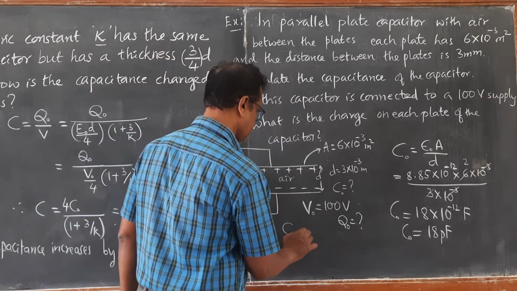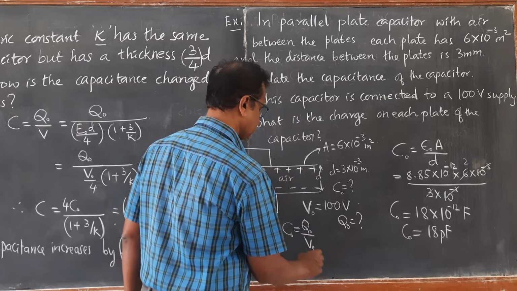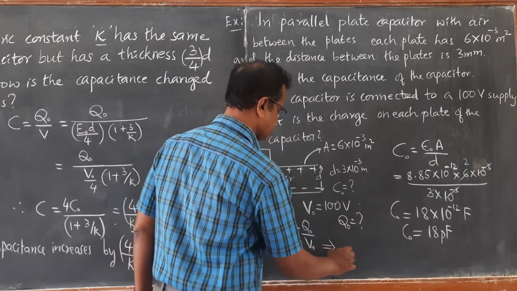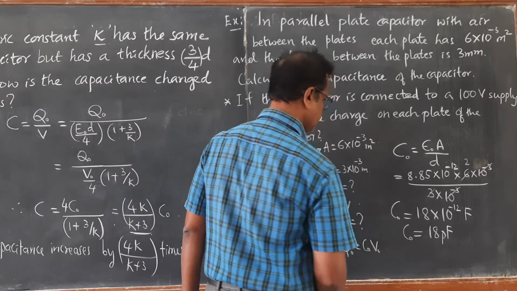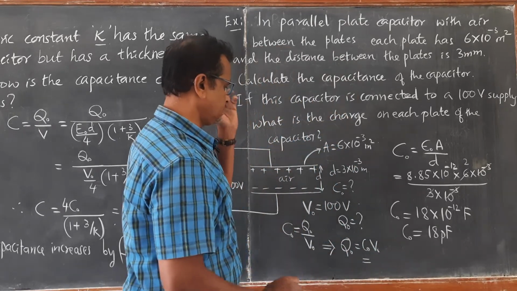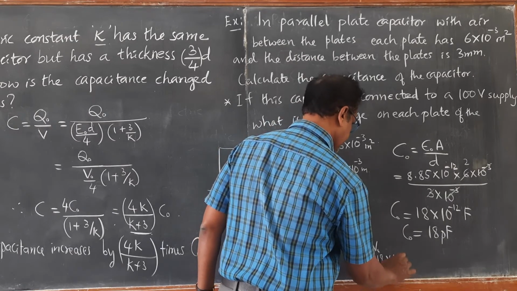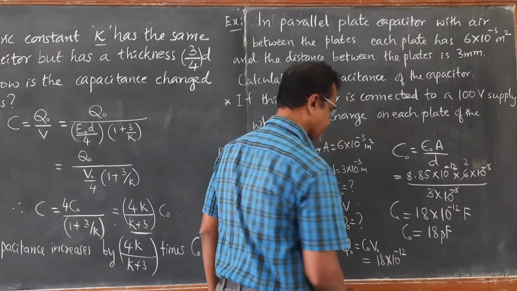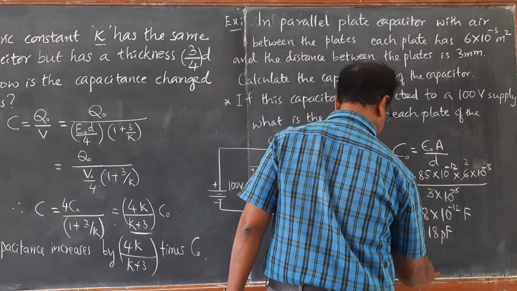We know that C naught is equal to Q naught by V naught. So this implies Q naught is equal to C naught V naught. What is C naught? 18 picofarad, that is 18 into 10 raised to minus 12, into V naught, which is 100.